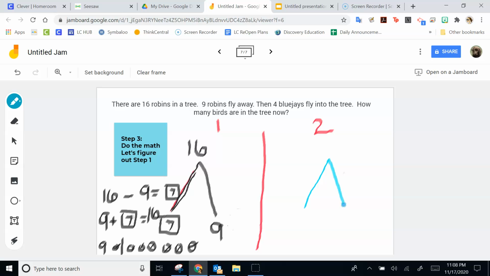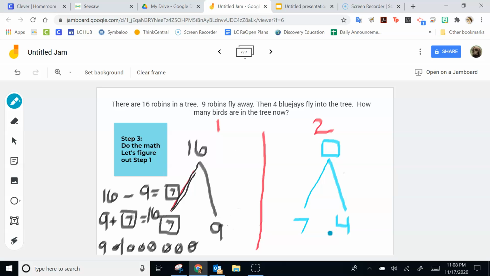So I say to myself, okay, I know that 7 stayed in the tree, and I know that 4 blue jays came flying in, but what I need to figure out is what's the big number? What is the answer for how many birds are in the tree in all? When I look at my math mountain this way, I know that the partners are 7 robins, 4 blue jays, how many birds in all.